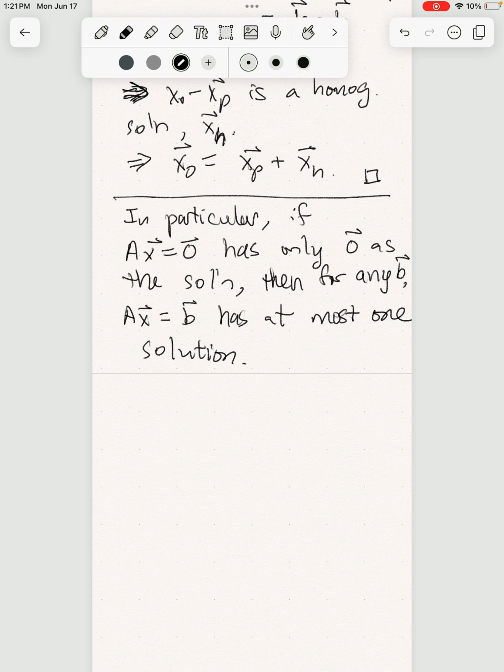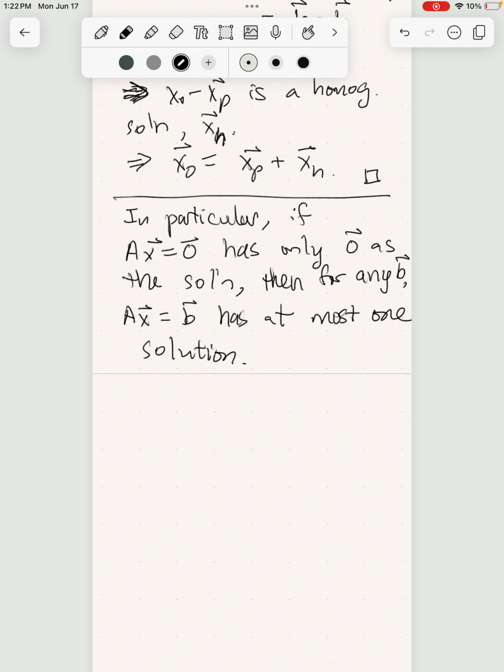Okay, why is that true? Because Ax equals b is either consistent or it's inconsistent, right? That's just true across the board. Now, if Ax equals b is inconsistent, that's the same as saying there's no solution. If Ax equals b is consistent, so it has a solution, the fact that Ax equals 0 has only one solution means that Ax equals b would only have one solution.